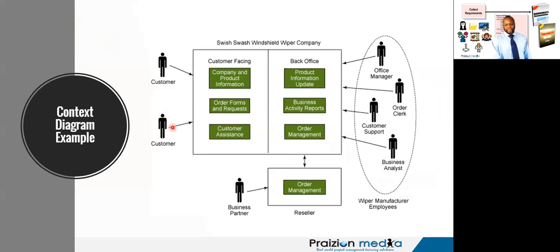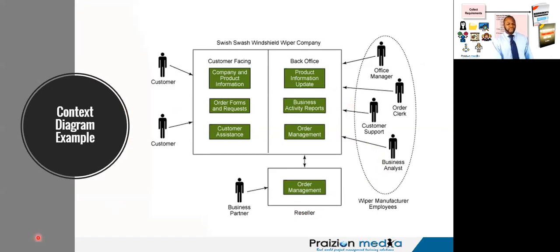That's another customer. Putting information in or taking information out. Business partner using the order management feature. A reseller as well. The business analyst, how are they interacting with it? Business activity reports, pulling data, just interacting with the system.